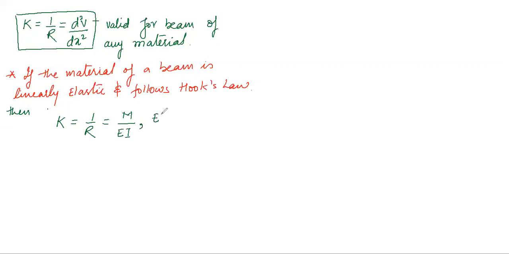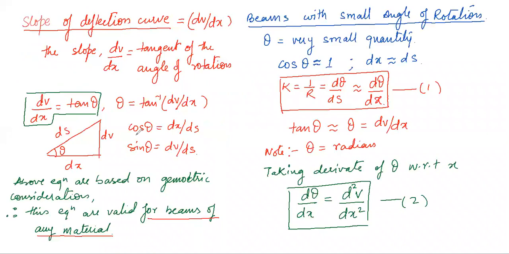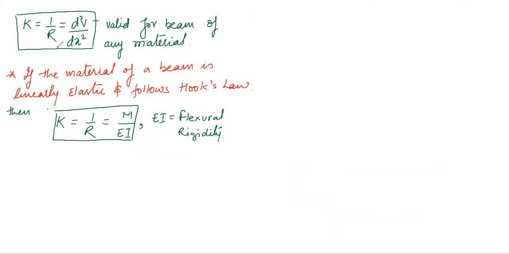What is EI? The product EI is defined as your flexural rigidity, right? So this is another equation. This is your equation number 3, and this one is your equation number 4.